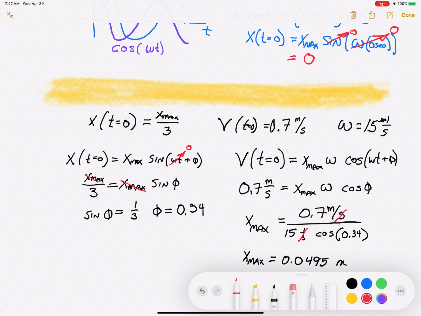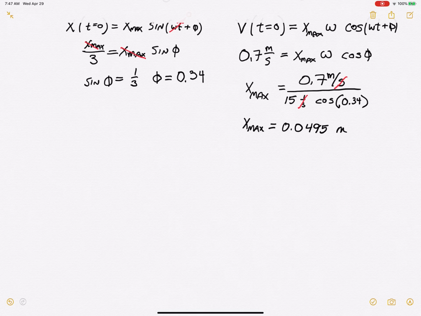So, with much fanfare, like a Beyonce release, we can get ourselves to a final description of motion in this case, which says x at any moment of time is going to equal 0.0495 meters sine of omega t plus our phase 0.34.